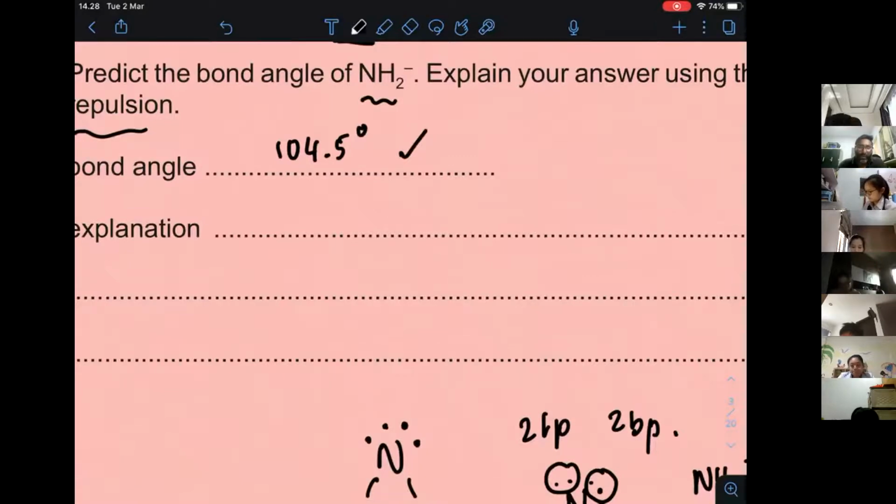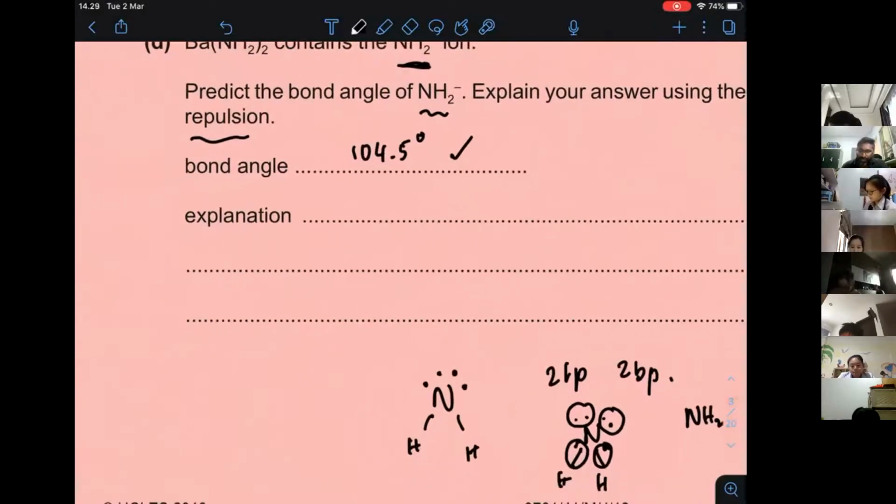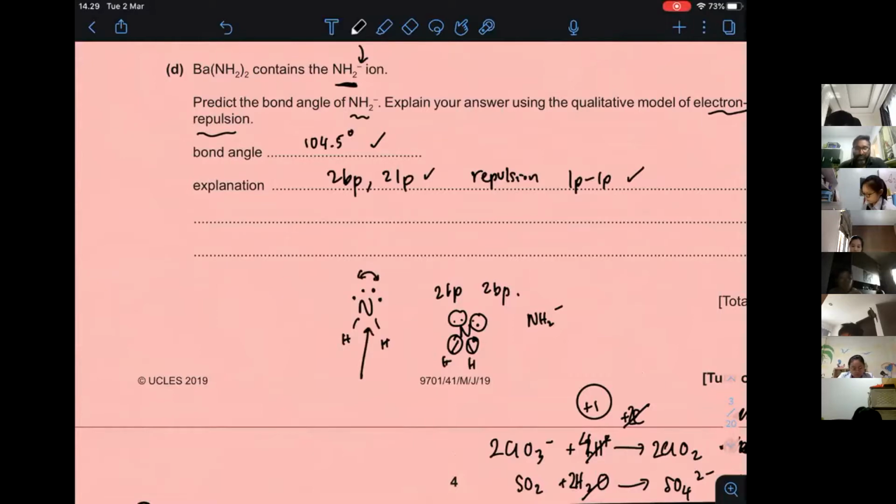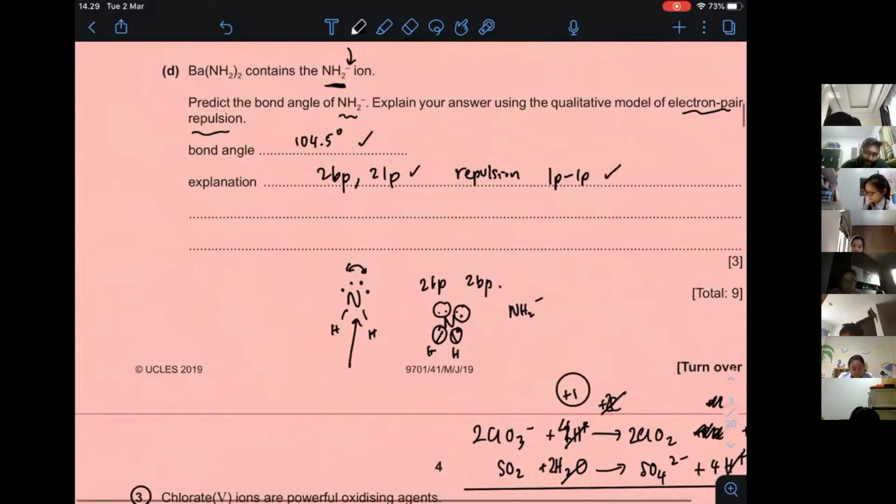The explanation: you need to mention the 2 bonding pairs and 2 lone pairs. You also need to mention that the repulsion between the lone pair and lone pair is greater, and that will make the bond angle smaller than expected. So please remember that. The answer key does accept 104 to 105 degrees.